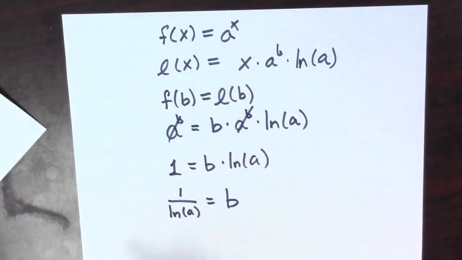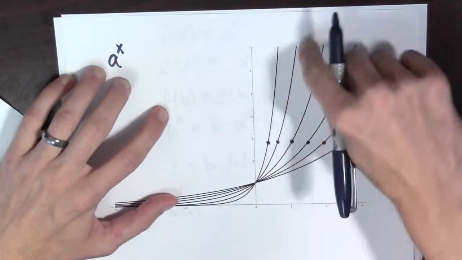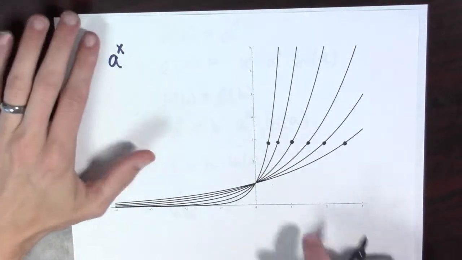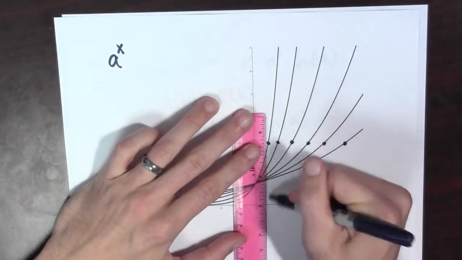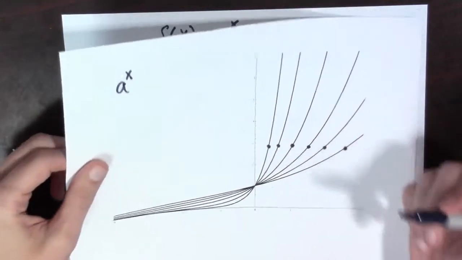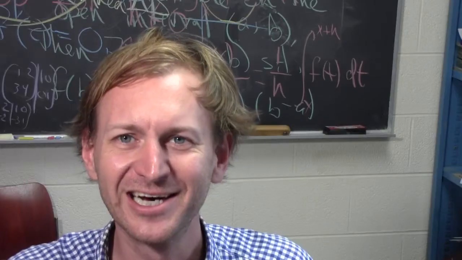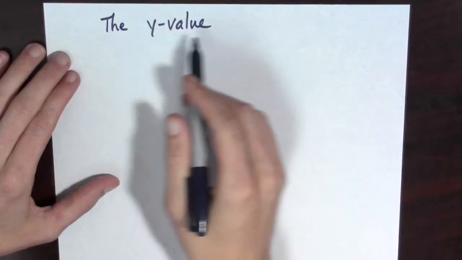This means that for any a, whatever the a is that gives you this curve, the x-coordinate of this point is going to be 1 over the natural log of a. What is the y value?